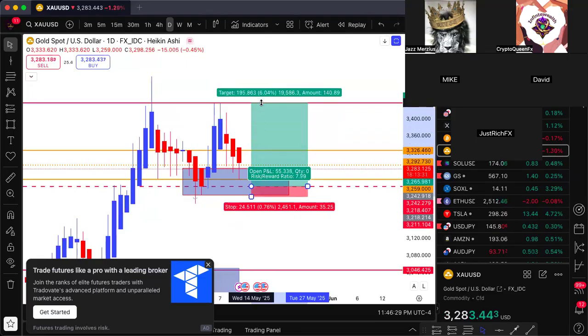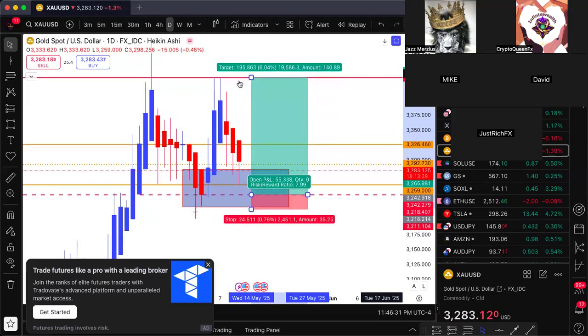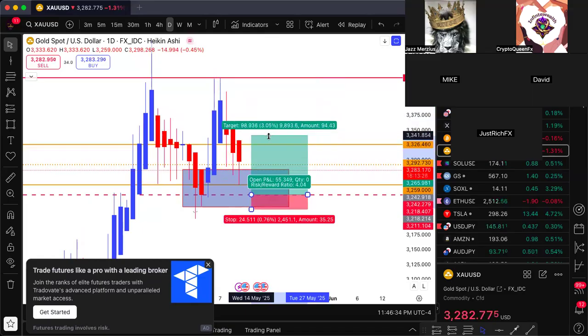This will be a TP1 here, your weekly high.